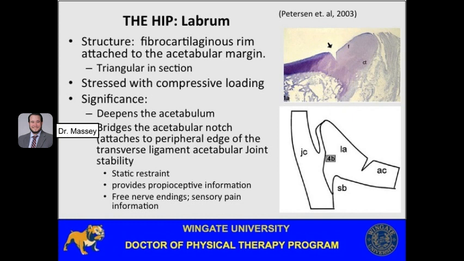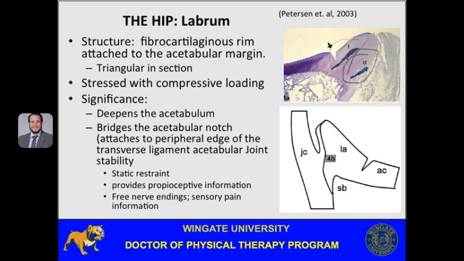So onto the hip labrum. This is often described as that triangular fibrocartilage structure here, and we can see this fibrocartilage here, and also the dense connective tissue, so commonly described just as fibrocartilaginous, but there's also some dense connective tissue.